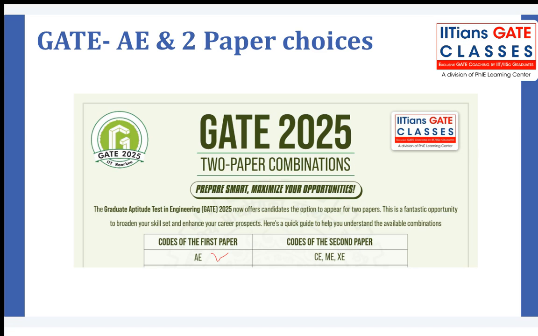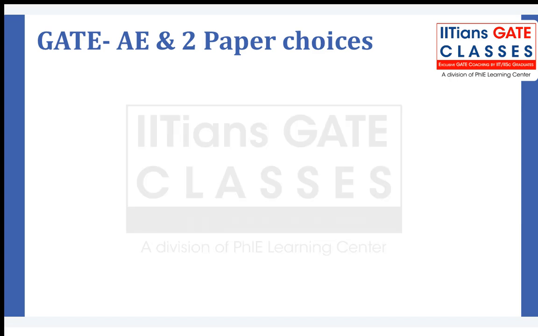Along with that, you have three options: CE means civil engineering, ME is mechanical engineering, XC is engineering sciences. I will discuss each one by one.